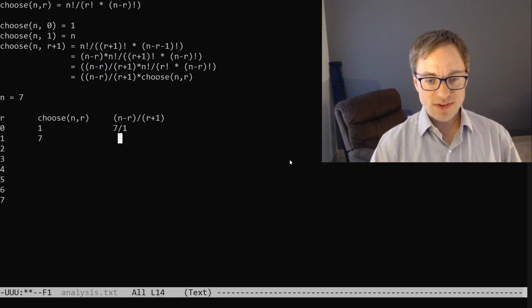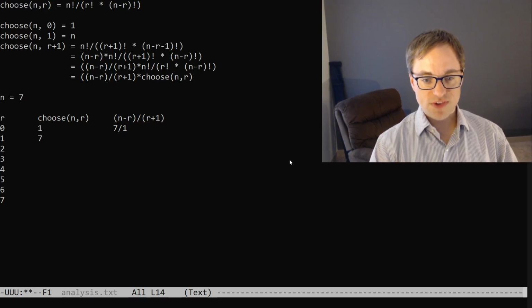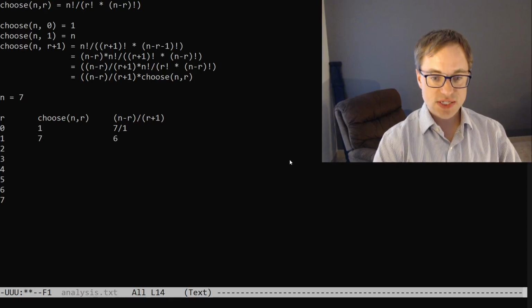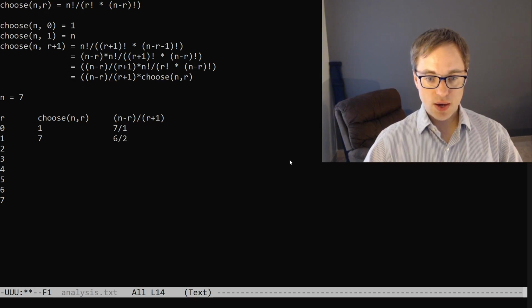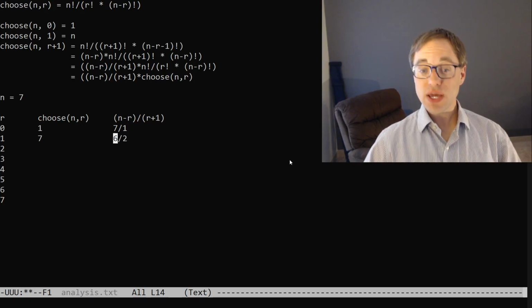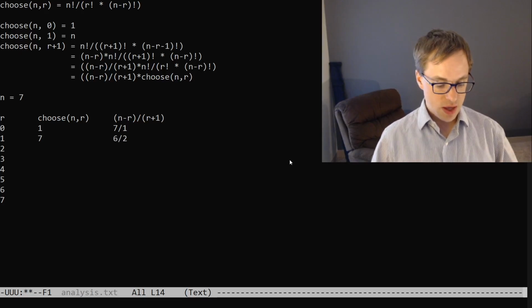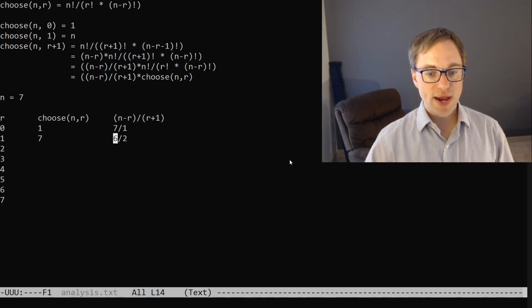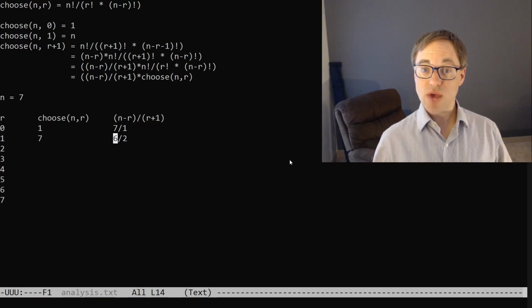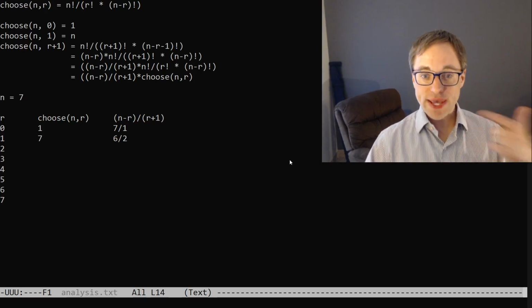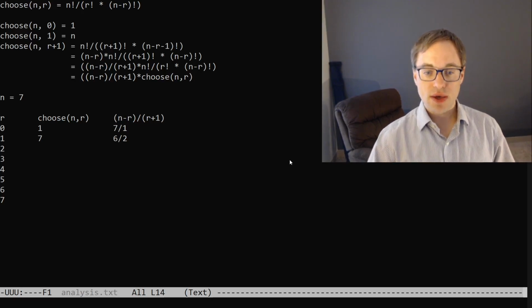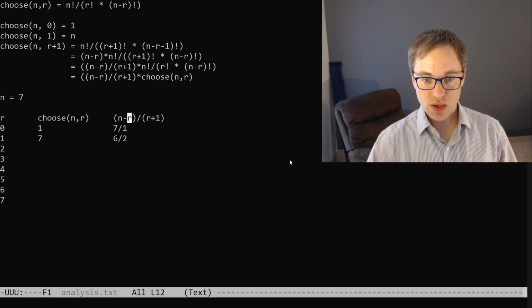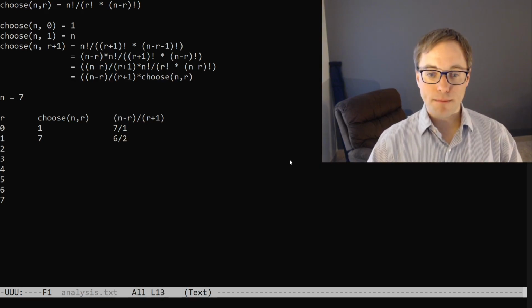Okay, so now let's compute this value again. So 7 minus 1 is going to give us 6, over 1 plus 1 is 2. And we could write this as 3, since 6 over 2 is 3. But there's an advantage of writing it like this, because it helps us recognize that each time we iterate through this loop, the numerator is getting smaller by 1 as r increases, and the denominator is getting bigger by 1 as r increases.